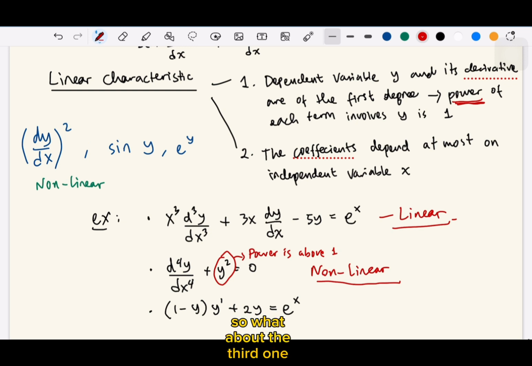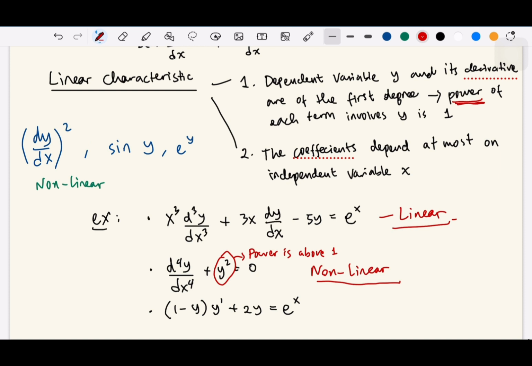So what about the third one? Nonlinear. Why? Which part makes it nonlinear? Is it the right part? No, 2y is linear.